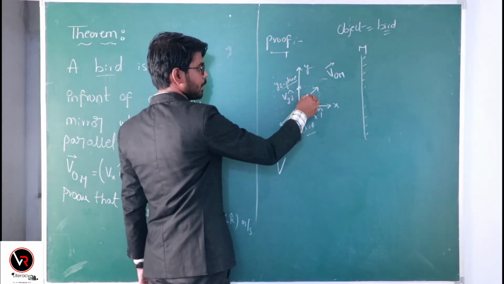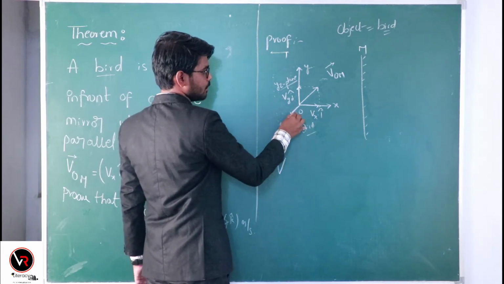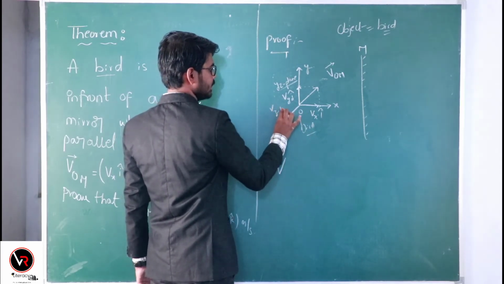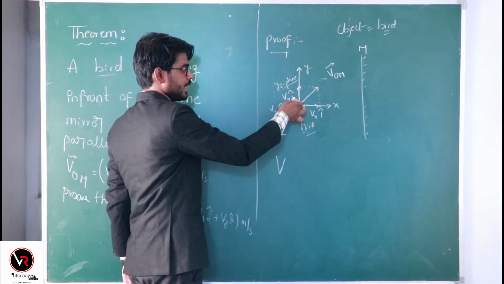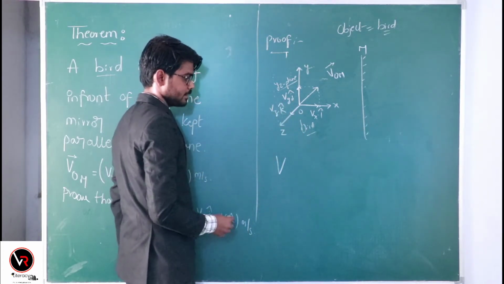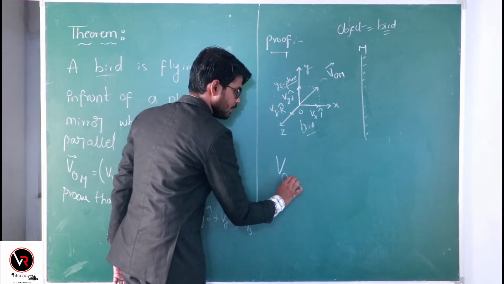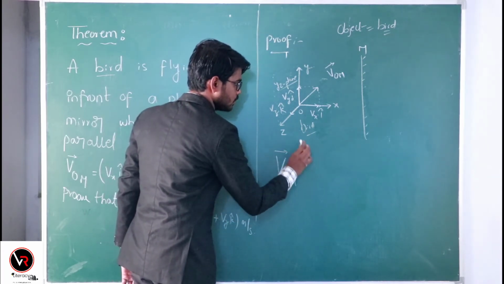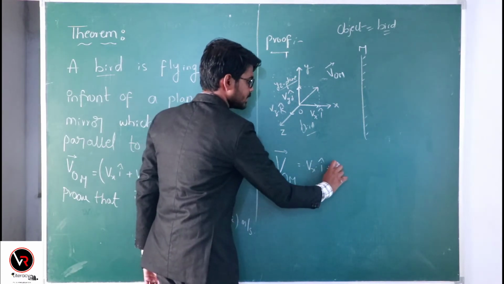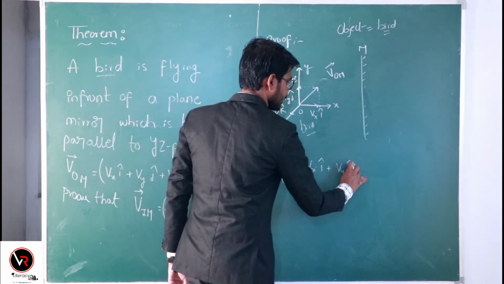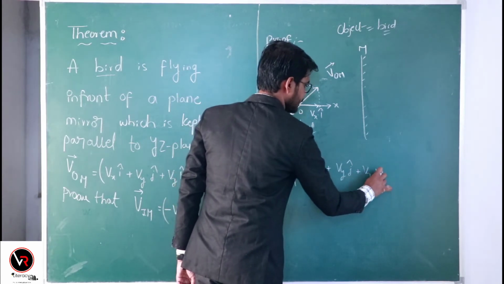In the same way, on the z axis it has velocity Vz, and k cap is the unit vector representing the direction along the z axis. So the velocity of the bird with respect to the mirror is Vx i cap plus Vy j cap plus Vz k cap.